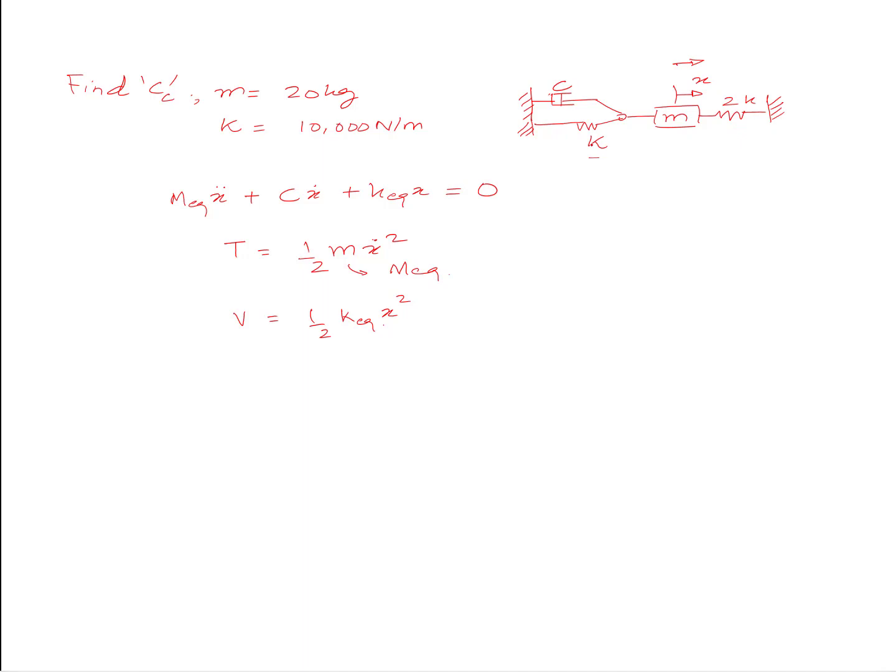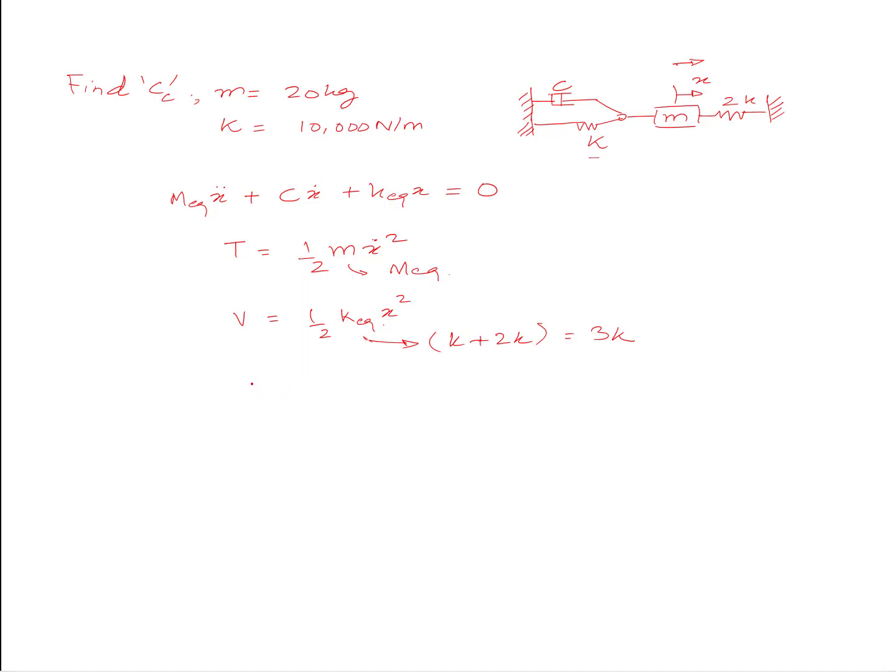So this looks to be a system with springs in parallel, and for that the equivalent stiffness will be k plus 2k, which is equal to 3k. So that is the k equivalent in this case, and the c equivalent is basically c, since only one damper is given.